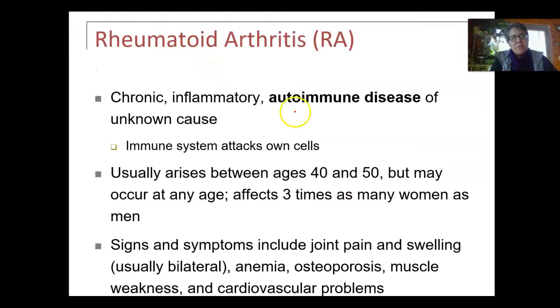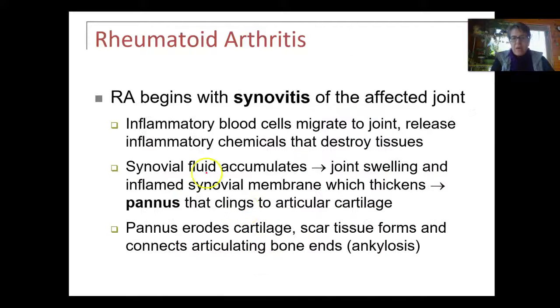Rheumatoid arthritis is an autoimmune disorder where your body attacks its joints. Usually arises between 40 and 50. Maybe I've just dodged that bullet. Affects women 3 times more often than men. What happens is you get inflammation in your joints, and these blood cells release all these chemicals to sound the alarm that it's a problem when it's really not.